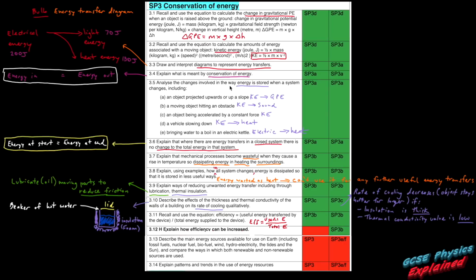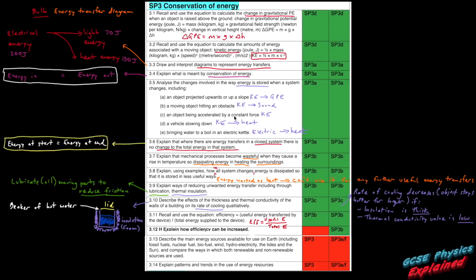Analyse the changes involved in the way energy is stored. So if you've got an object being projected upwards, being thrown upwards, or on a slope, if it's moving, it's got kinetic energy, and as it moves upwards, it'll get converted into gravitational potential energy because it's getting higher. A moving object hitting an obstacle will have kinetic energy because it's moving at first and then it gets turned into sound energy as it hits an object, and some heat energy as well.